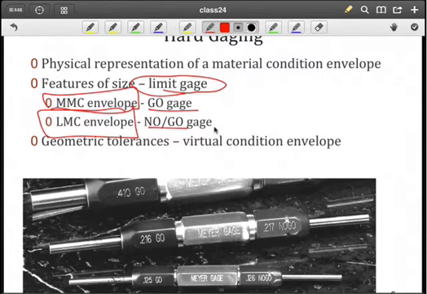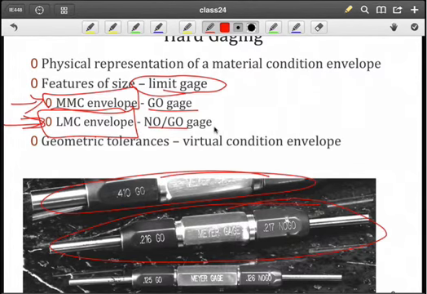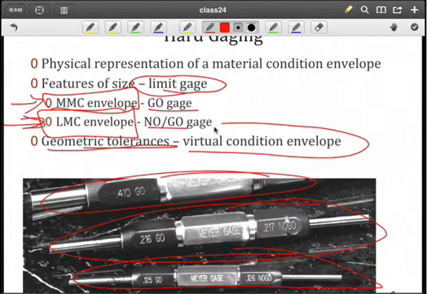Again, these would be specified in your design spec. We would look at the dimensional tolerances, and then we would know which one of these gauges to select. And of course, these are off the shelf, so we can purchase these and then use them based upon the envelope that's specified. For the geometric tolerances, we're going to use a virtual condition envelope, and we'll look at that a little bit later.